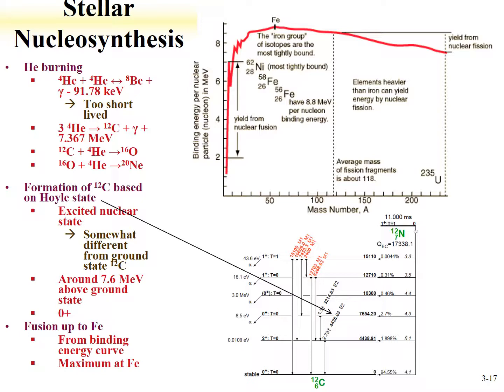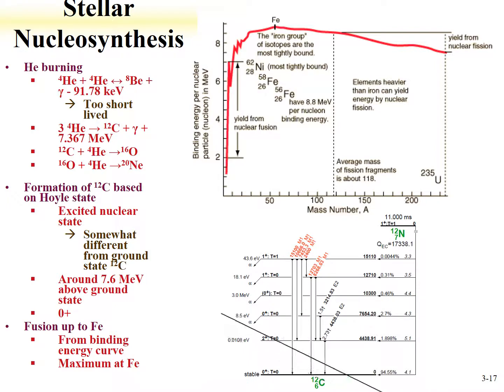This was one of the hypotheses tested for the nucleosynthesis of carbon when these energy states of carbon-12 were measured. There was a prediction that there would be a state near this Hoyle state, and that observation proved to be correct.